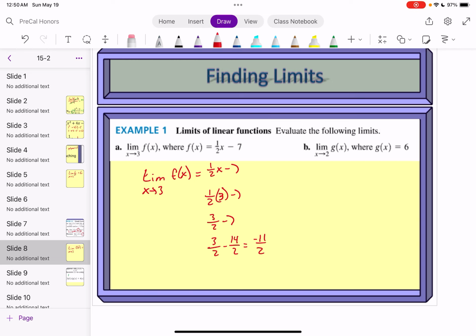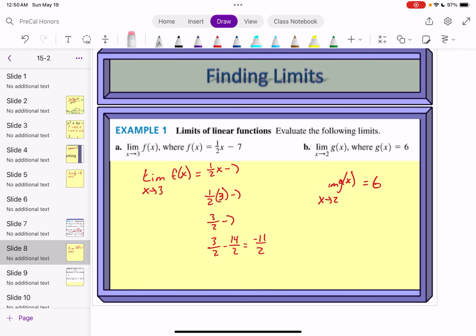The same process will happen for b, where we plug in our answer. Now here, the limit of g of x, where g of x is equal to 6, and x approaches 2. So our final answer here will be 6, or the limit of g of x as x approaches 2 would be equal to 6.